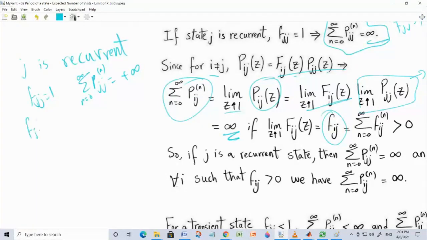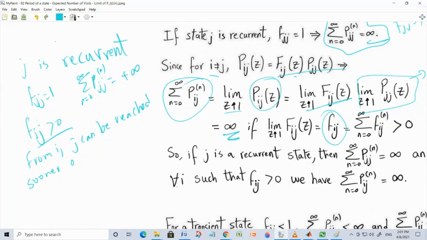Now let's say that fij, where i is some other state, is strictly positive, which means that from i, j can be reached sooner or later. So if fij is strictly greater than 0, then you have a positive probability of going from i to j.